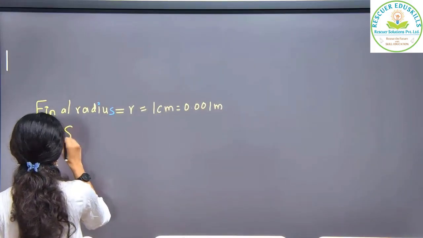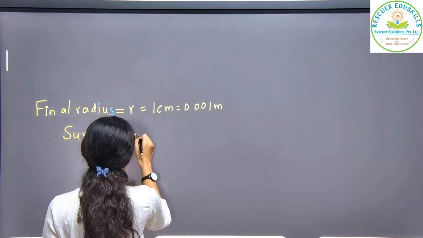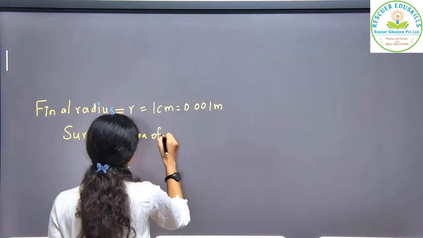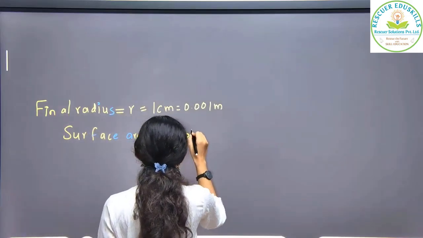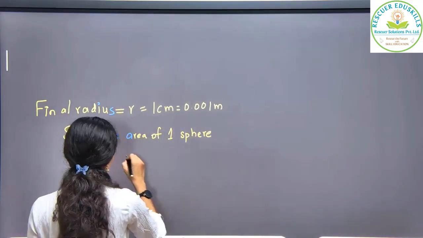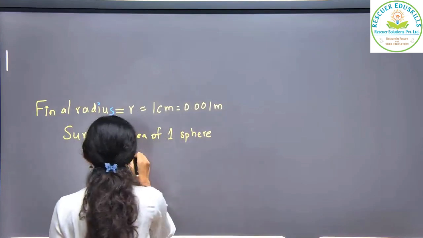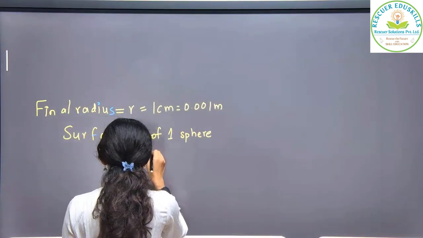Now the surface area of one sphere. What is the surface area of one sphere? Because this is a bubble, right? So we are considering the surface area of one sphere. Because it is a bubble, we are considering a sphere, and the surface area of one sphere is 4 pi r square.